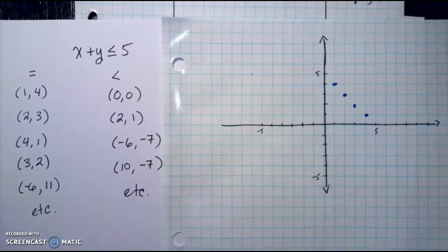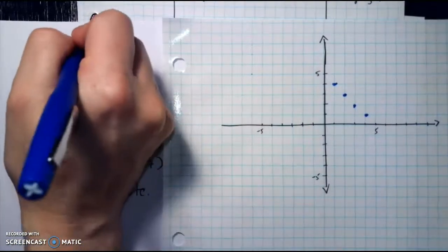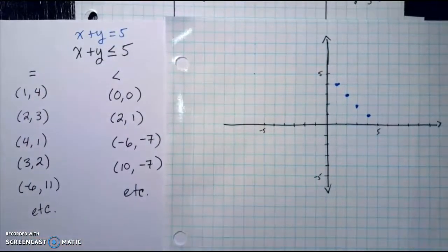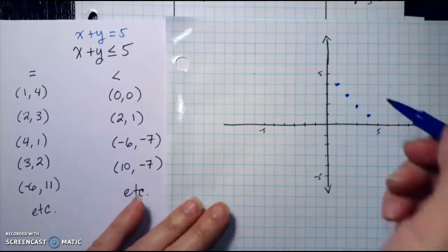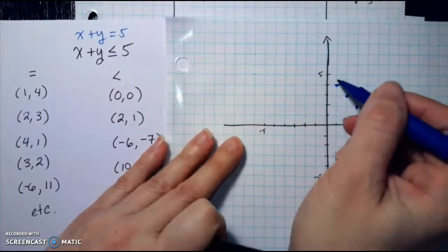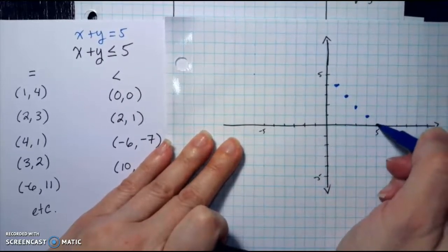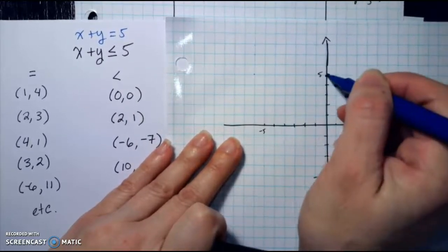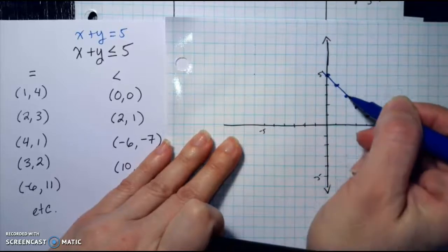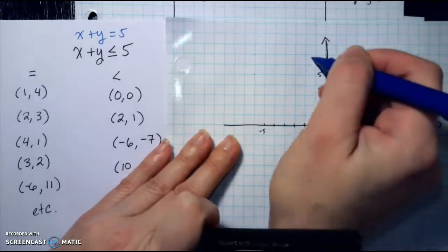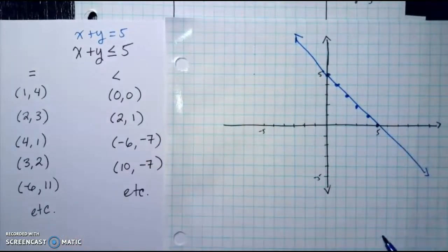So if I looked at x plus y equals 5, we already know how to graph this. Right? We know that the solutions to that are a line. So I'm going to go ahead and draw that line in because I have enough points that I can tell where the line lives. I also know that (5, 0) and (0, 5) are solutions. So this line will live here, and that represents the equals case.